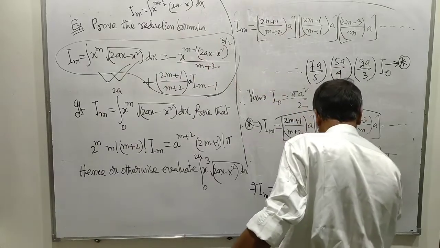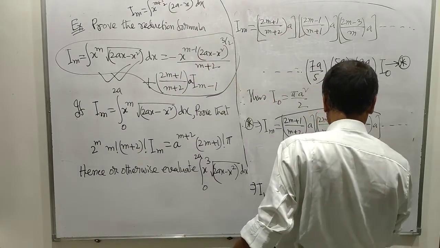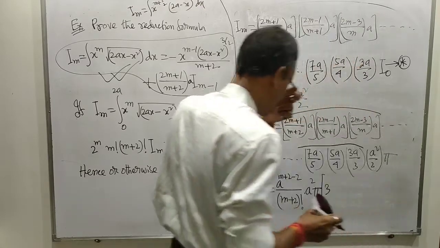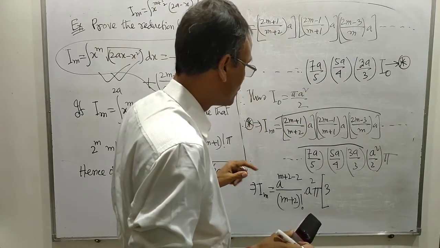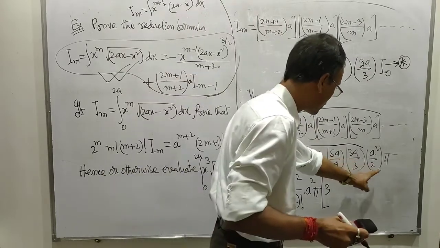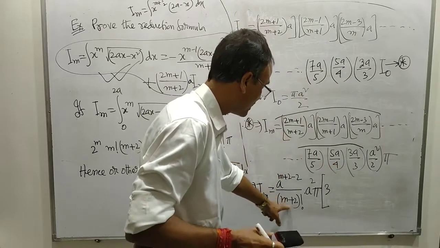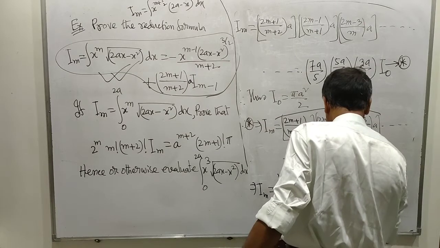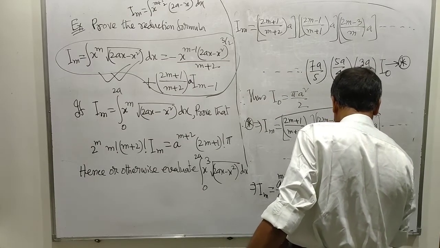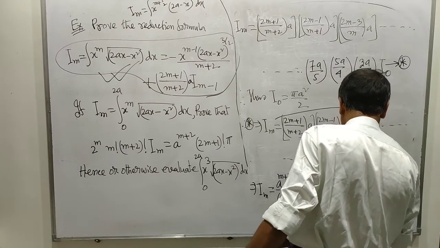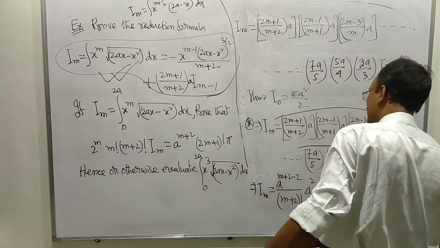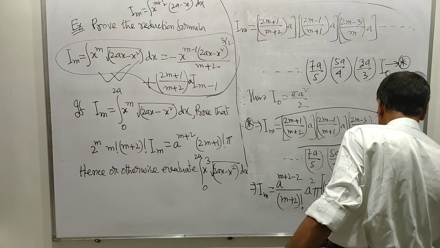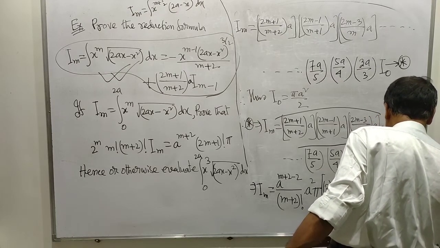If you write it in reverse order, then you will get 3, 5, 7. Yes, this 2 has already been taken. To write this one, this 2 has been taken. 3 into 5 into 7 into dot dot dot up to twice m minus 3 into twice m minus 1 into twice m plus 1.